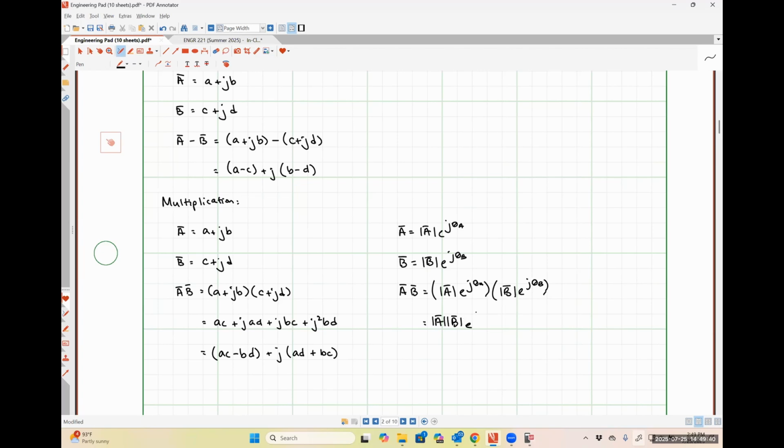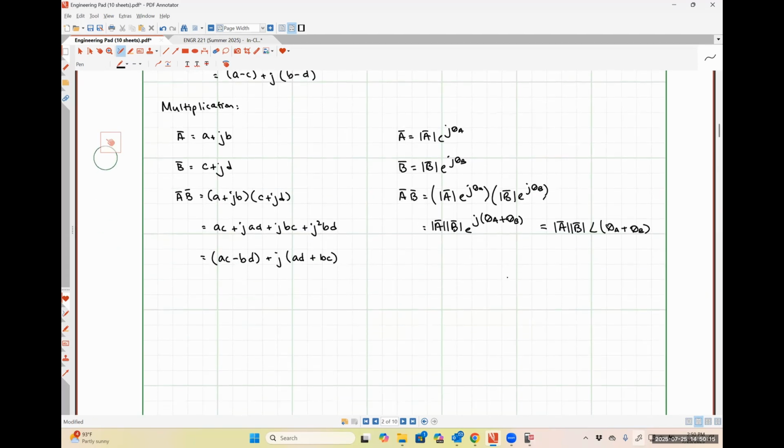So that's going to look like e to the j theta A plus theta B. And in polar form, this would look like the magnitude of A times the magnitude of B with an angle of theta A plus theta B. So by hand, multiplication is actually way easier to do using polar form complex numbers than rectangular form complex numbers because you just multiply the magnitudes and add the angles.